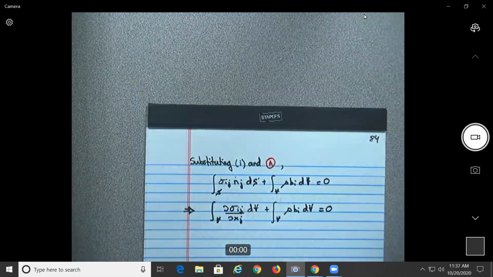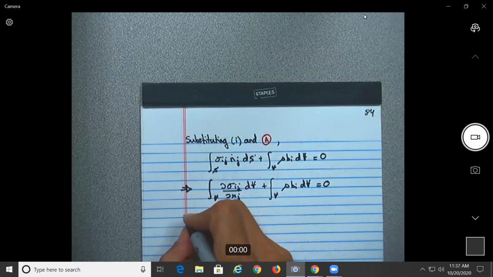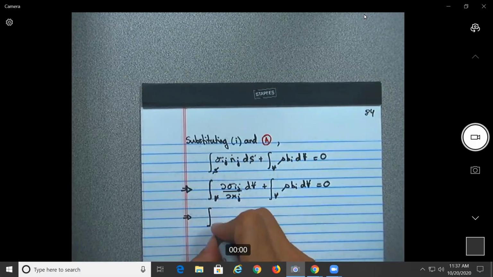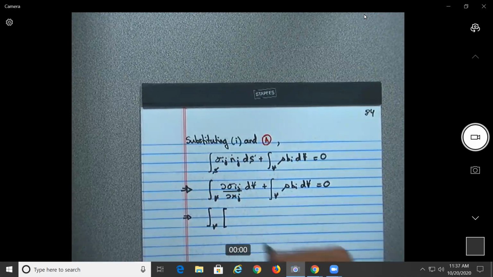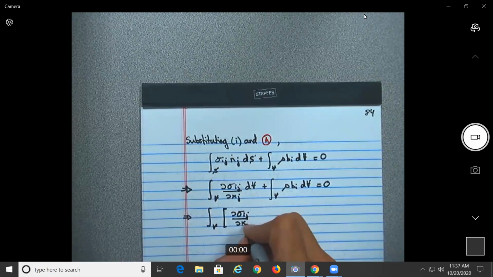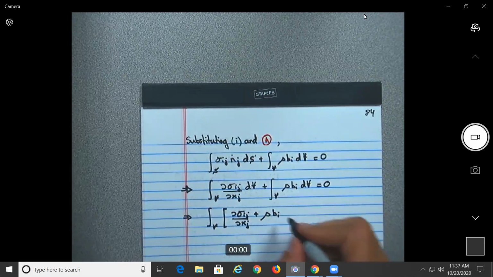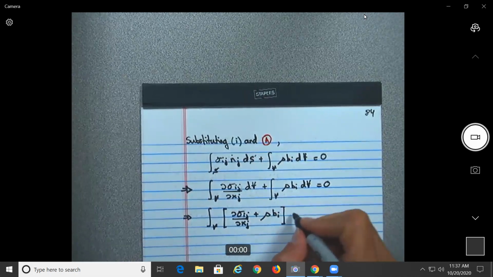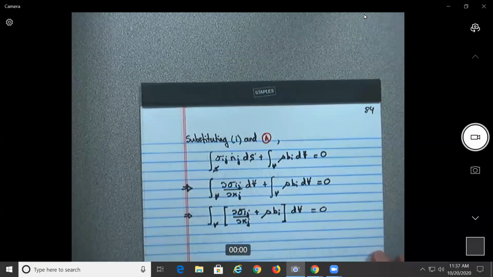So now that both are volume integrals, we can combine them. So we get what? Partial sigma_ij partial x_j plus rho b sub i dV equal to 0.